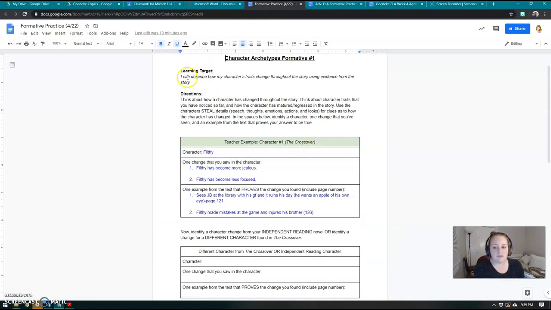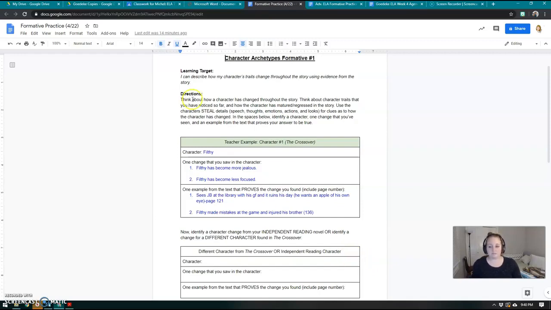As you can see from the learning target up top, this practice assignment for today is pretty much identical to your actual assessment tomorrow, except that today you'll use an example from The Crossover or your independent reading book. Tomorrow, for your formative assessment, you are using a short story.